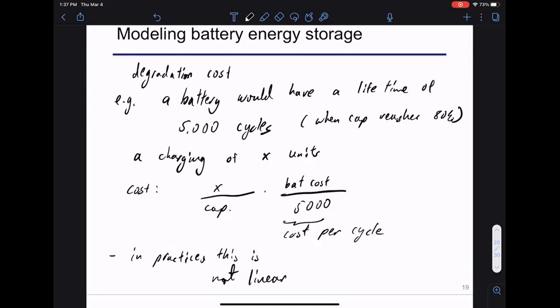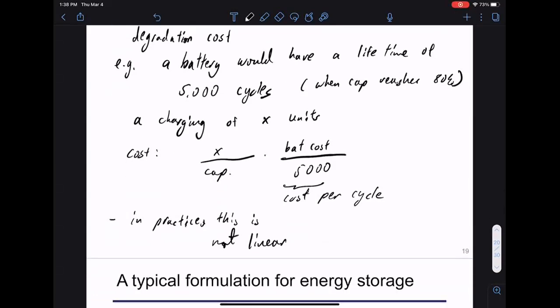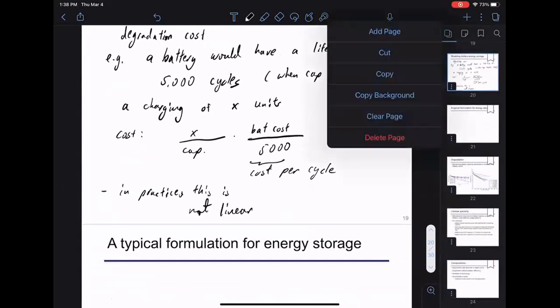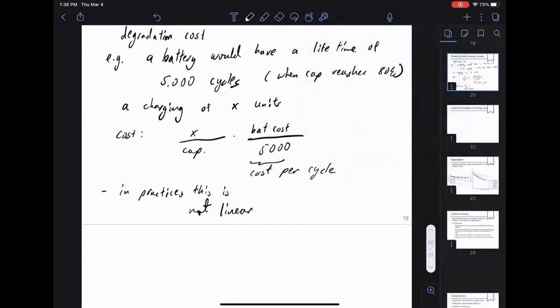This is a very active area of research, very active area of work, right? And none of this is simple, because one reason is that it's very hard to measure the capacity of a battery. So let's say you have a battery. How do you think we measure the capacity of a battery? I think that's actually interesting to talk about.